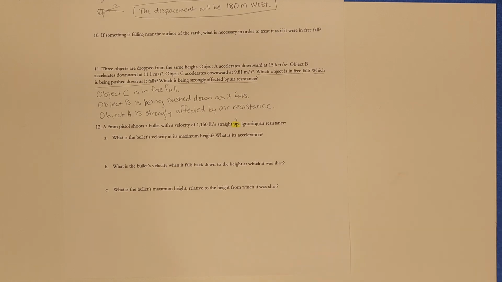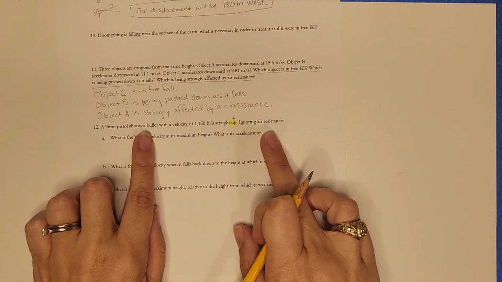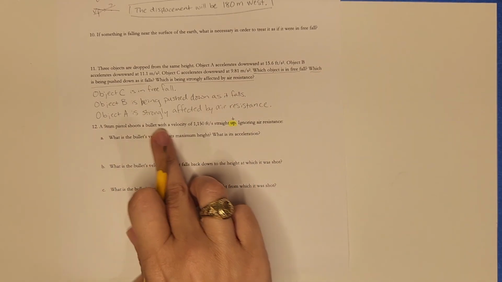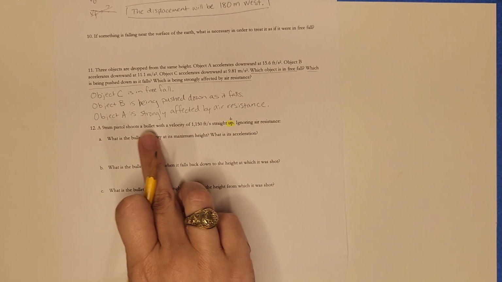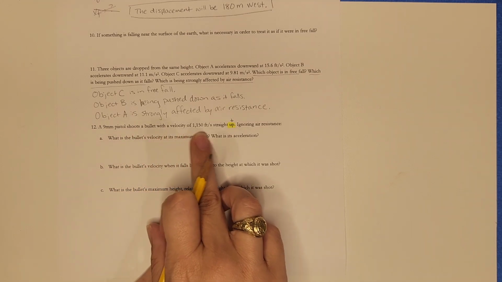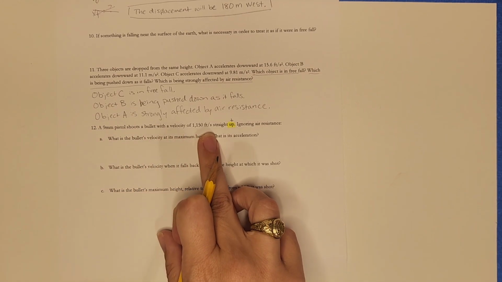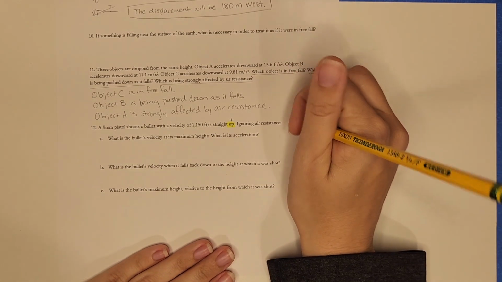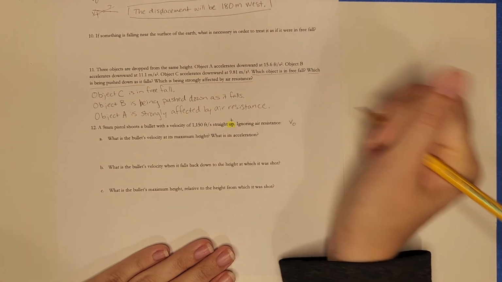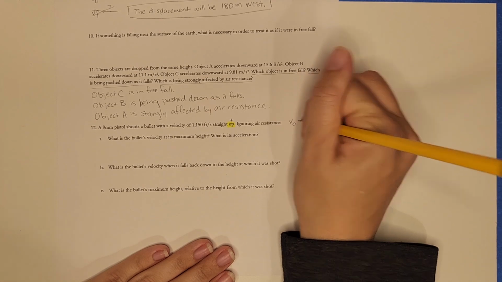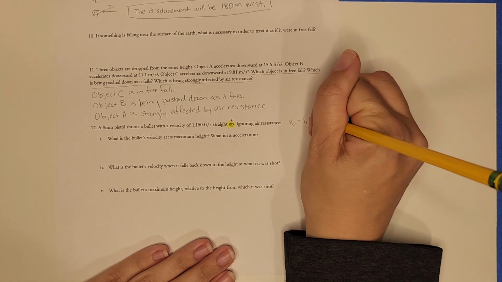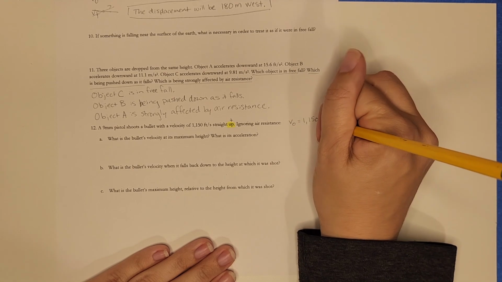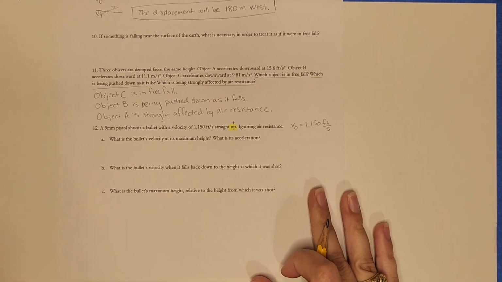Because here's the next thing. This question doesn't tell us anything about the acceleration, but we know it. So let's go back here first though. This pistol shoots the bullet with a velocity of 1,150 feet per second. So that is its initial velocity coming out of the pistol. Velocity naught equals 1,150 feet per second.